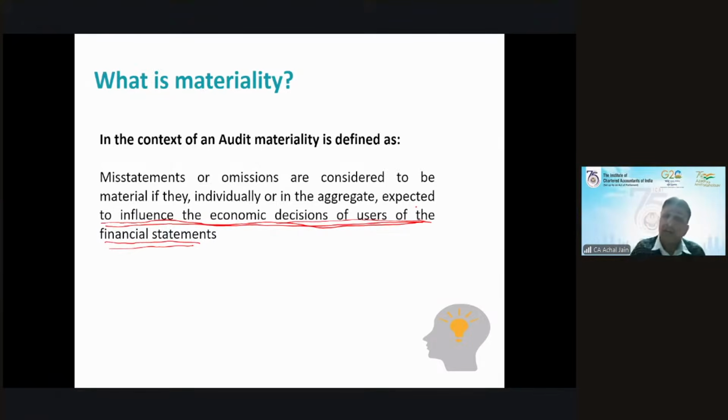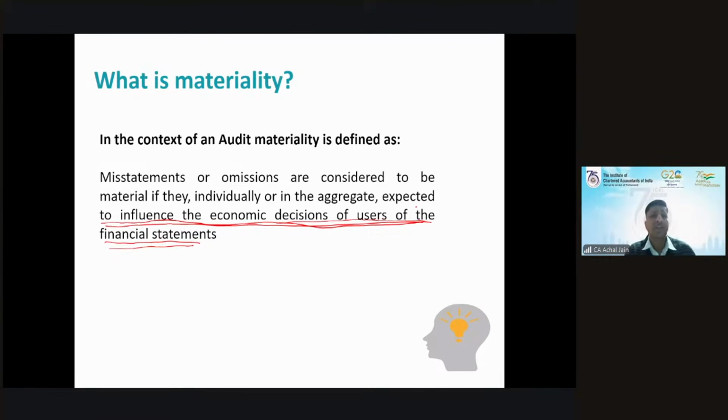Now, in the context of audit, how is that relevant? We need to go to the audit objective. The audit objective requires the auditor to ensure that any material misstatement should not remain in the financial statements. Yes or no? Yeah. This is the objective with which the audit is conducted. So that's why it's important that the auditor ensures material misstatements are not there.